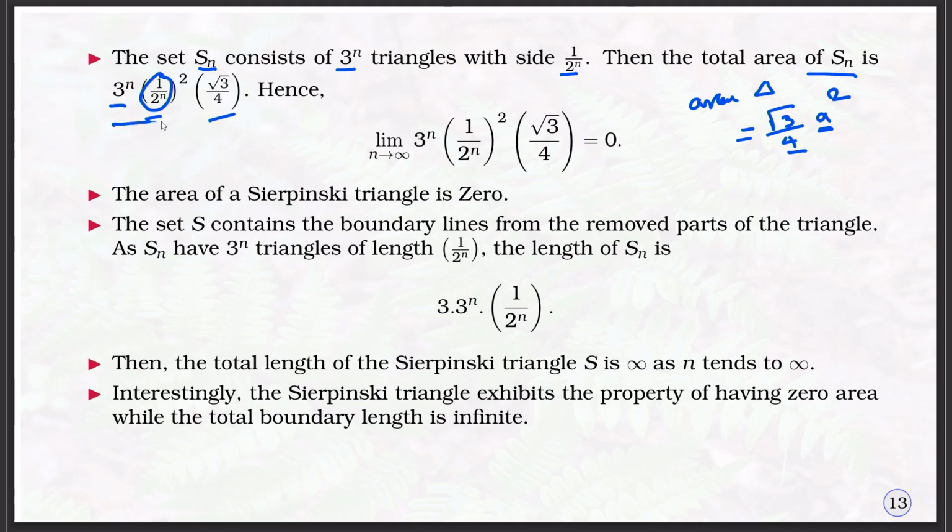This is in the nth step. Whenever n tends to infinity, the area tends to 0.